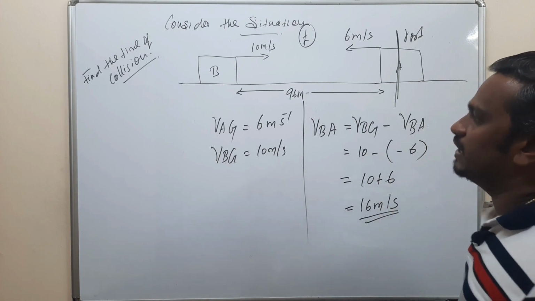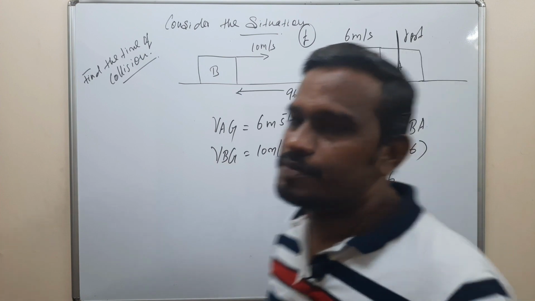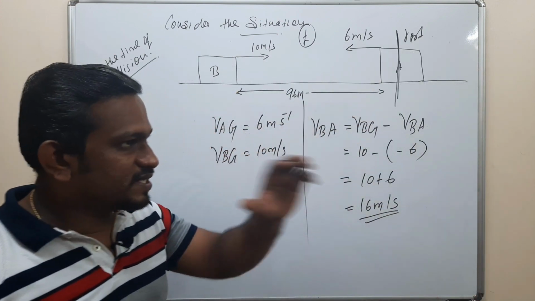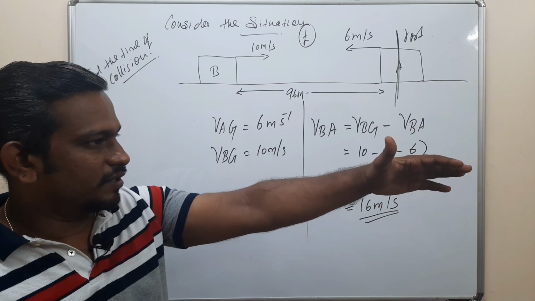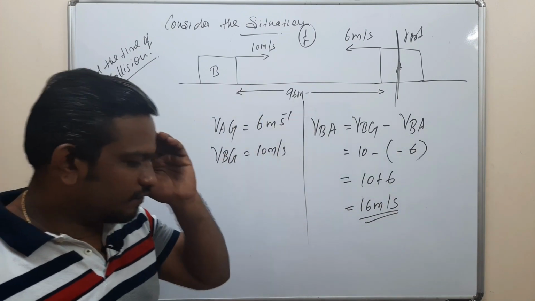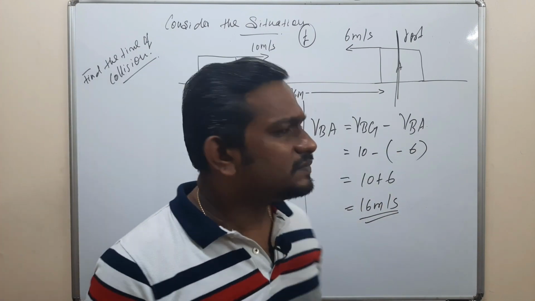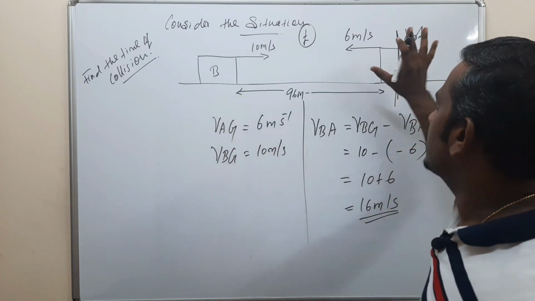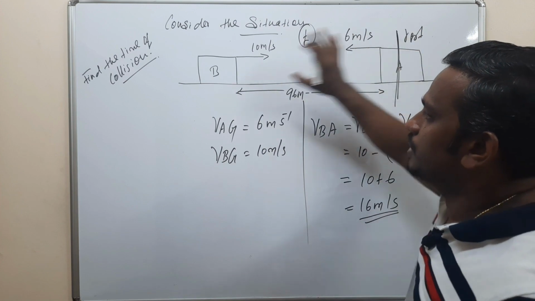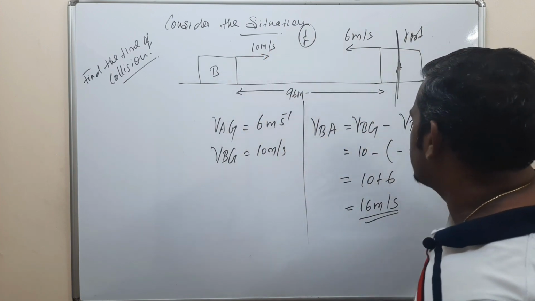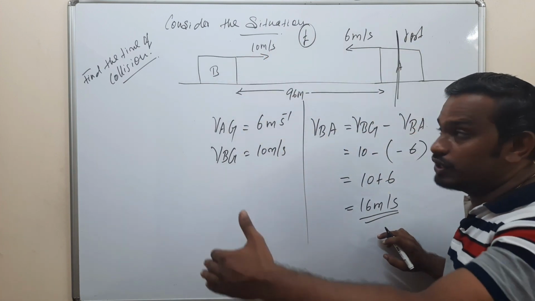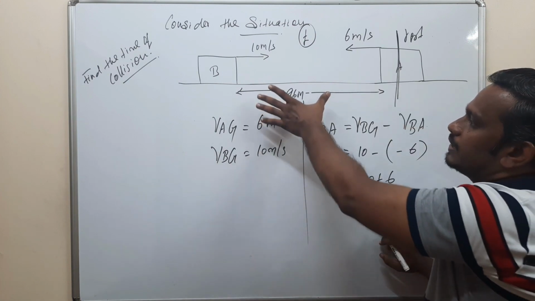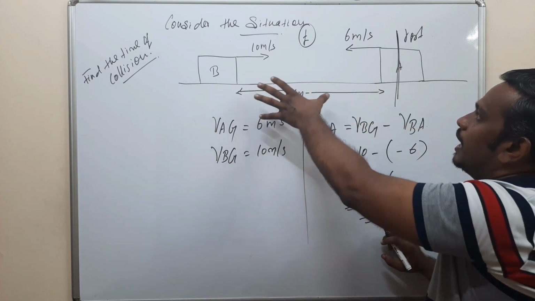So now the observer is on the car A and he is observing the car B. So he feels that the car A is at rest only, and the car B is moving with 16 meters per second towards the car A. So what is the relative distance between the car A and B?